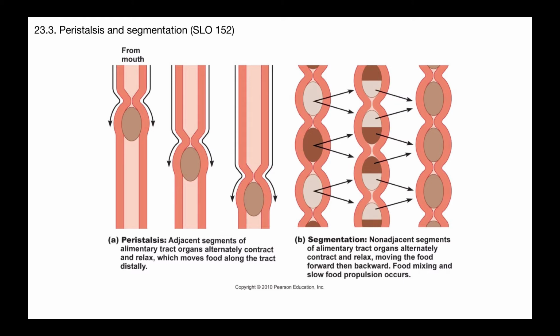We usually talk about boli when they're swallowed, but any little pocket of food like this, we can consider a bolus as well. So segmentation happens a lot in the small intestine. The stomach, because its muscle wall is more complicated, does even more complicated movements. We just call that mixing.